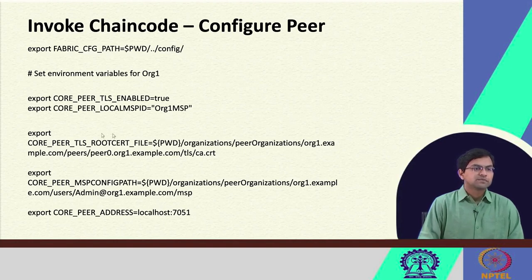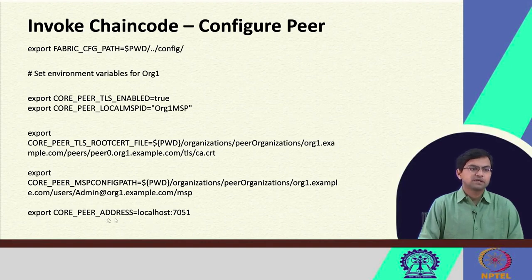Then you have to export the TLS root certificate files and the MSP configuration path. Okay, since we are configuring it for org1, you can see that under the different directories, PR organization, we are passing org1.example.com. If you want to use org0 or whatever the name of the org is, you have to change these paths accordingly.